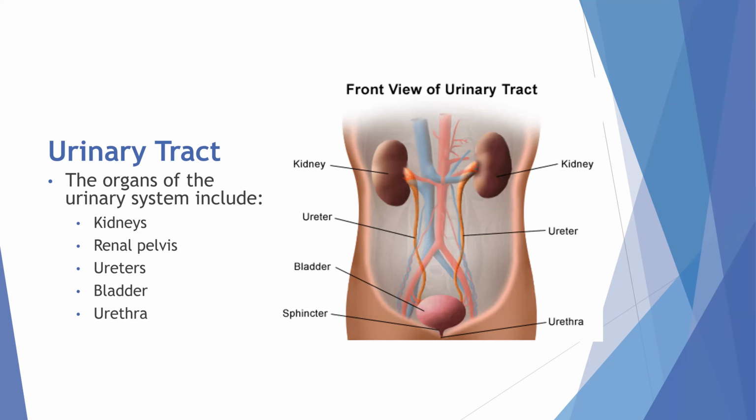Okay. So I thought I'd first start off with the very basics of the urinary tract system, as we'll be referring back to this throughout the presentation. The urinary system's function is to filter blood and create urine as a waste byproduct. The organs of the system include the kidneys, the renal pelvis, the ureters, bladder, and urethra.